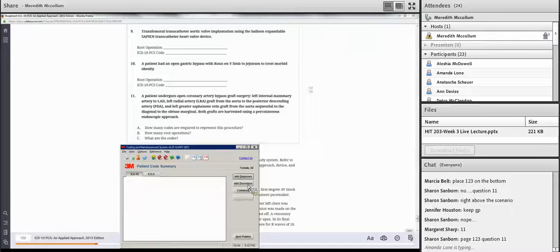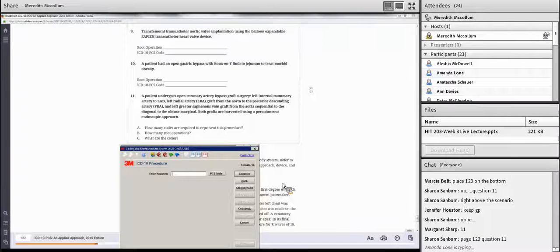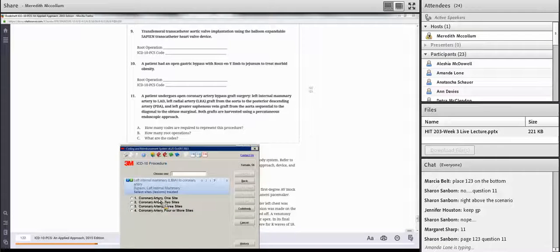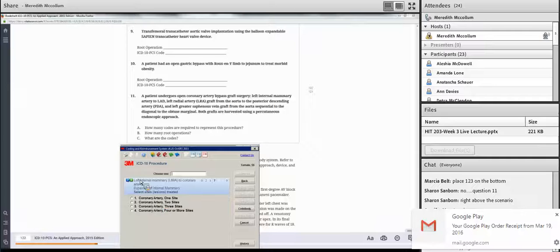So the patient is undergoing a CABG, so we're going to type in CABG. And they're first off going from the left internal mammary artery to the LAD. So coronary artery bypass, select lesions treated.